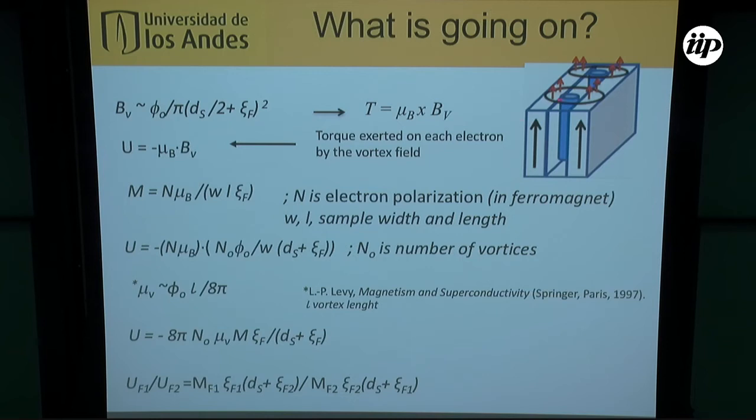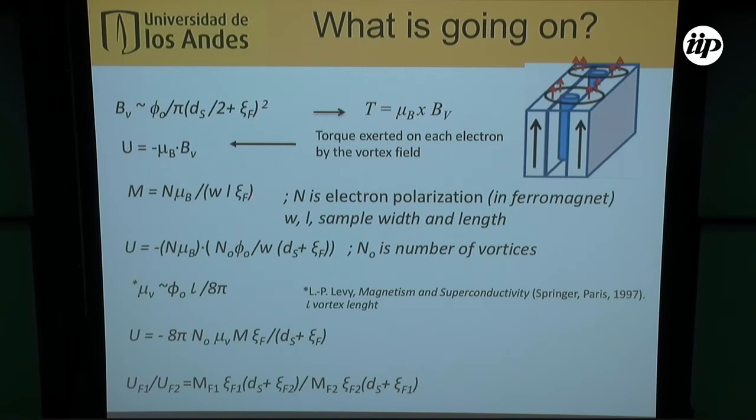This is the vortices who are inside this structure. You have essentially a magnetic field coming out from the vortex, a self-magnetic field. But this magnetic field is also acting on the ferromagnets, right? So you can calculate this magnetic field, and it will exert a torque on each electron in the ferromagnet beside the superconductor, and you calculate the energy associated with this situation.